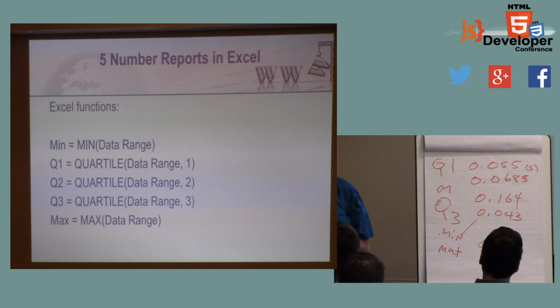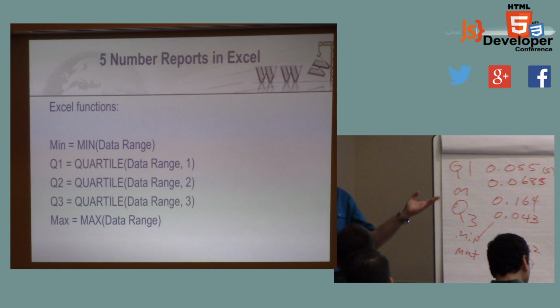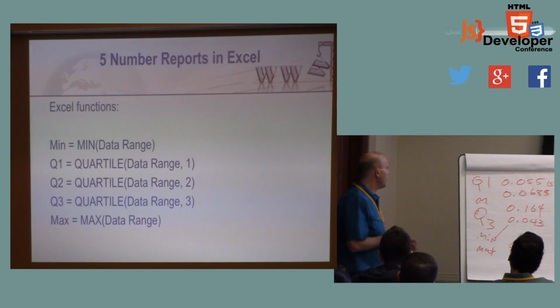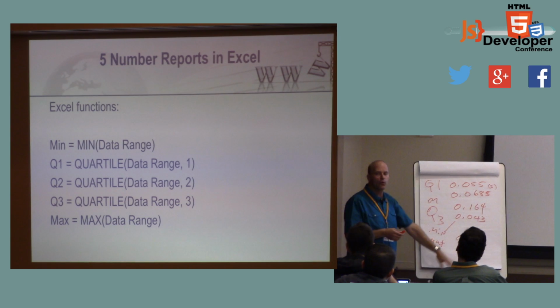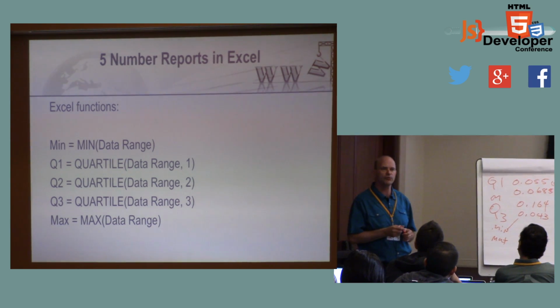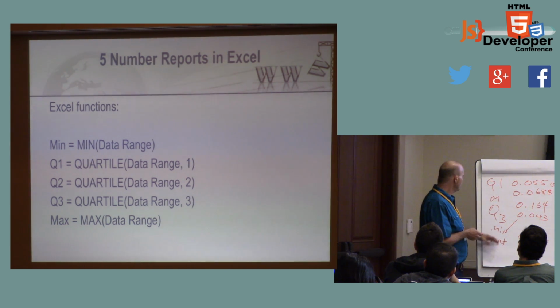It's very close to the minimum value, much closer to the minimum value of the distribution than it is to the max. What does that tell me? Now, the median means that half the data is on this side and half the data is on that. So just by definition, without looking at any of these other quartiles, I know right away that half the data set lies between 0.05 and 0.06, just by looking at the median and the min and the max.